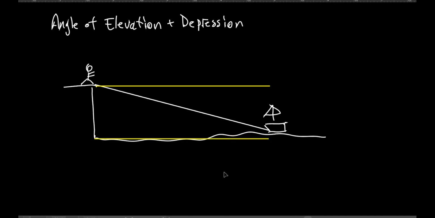So this angle right here goes from the horizontal down. Elevation or depression? It's going down, so this would be the angle of depression. All right, so another color here.